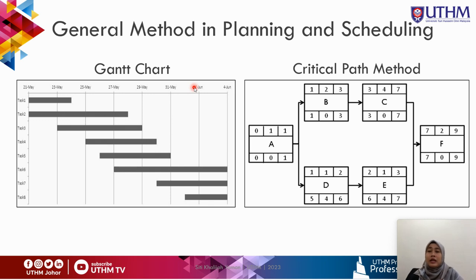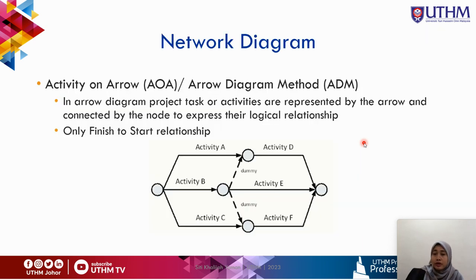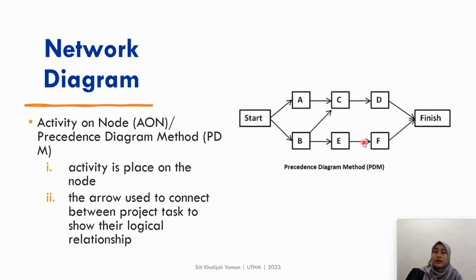Okay, and then we have the critical path method. CPM, or critical path method, is also one of the basic methods in project planning and scheduling. In CPM there are two ways for you to calculate, either using the arrow diagram method or the network diagram method, PDM, precedence diagram method.